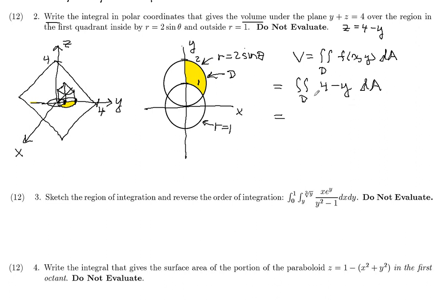We want to change this to polar. So this is going to be an integral of 4 minus y, which in polar coordinates is 4 minus r sine theta. And then the area element in polar coordinates, instead of dx dy, is r dr d theta.